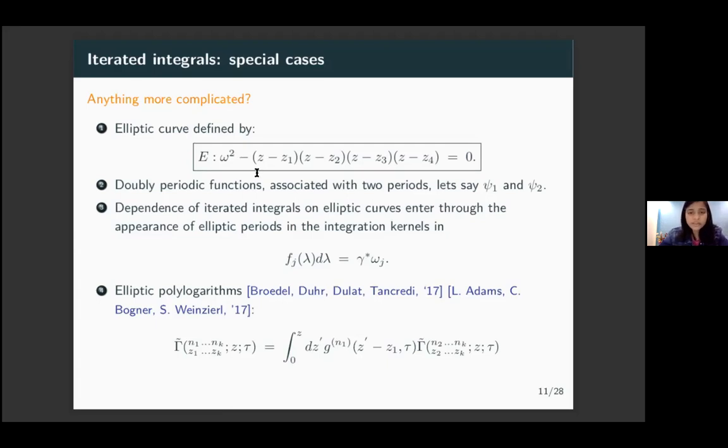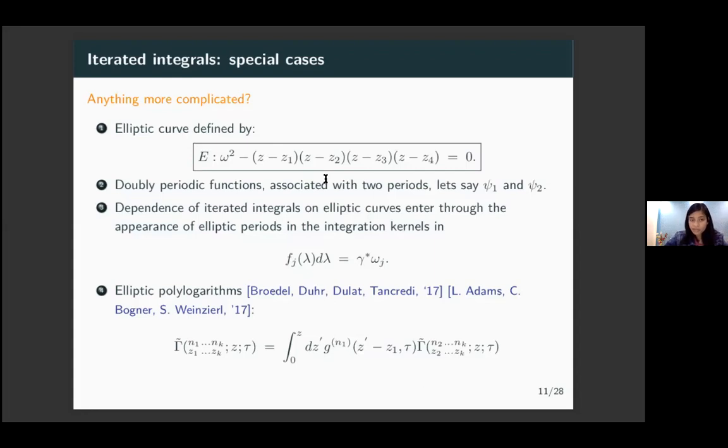For example, you can see a square root of a quartic polynomial, but if you change the variable, the square root goes away, or the quartic polynomial becomes quadratic. But once you verify that this is actually an elliptic curve, you cannot make any change such that it goes away.